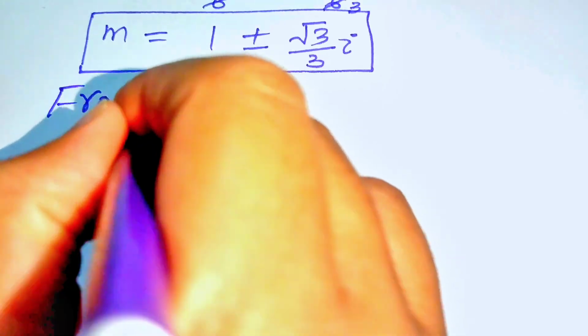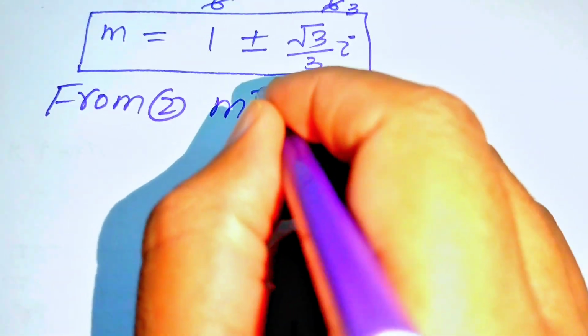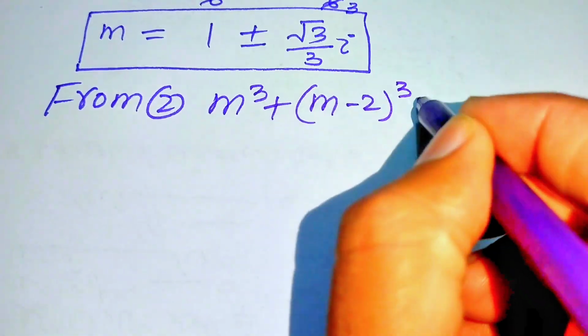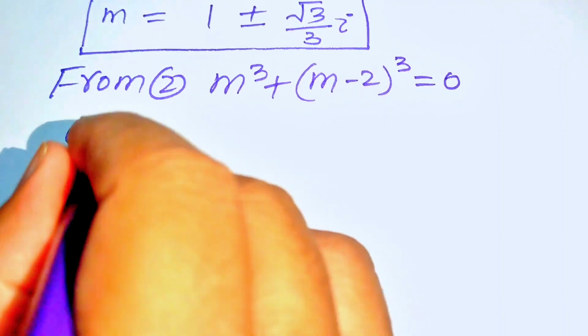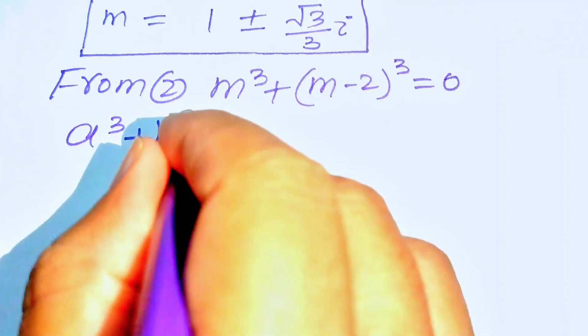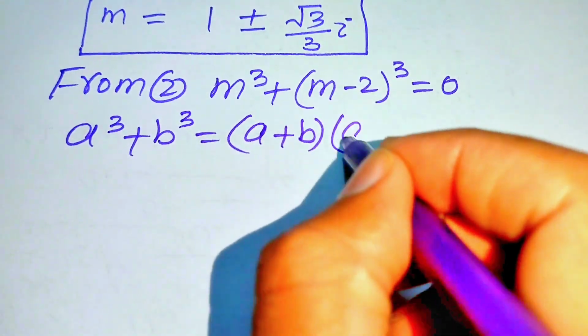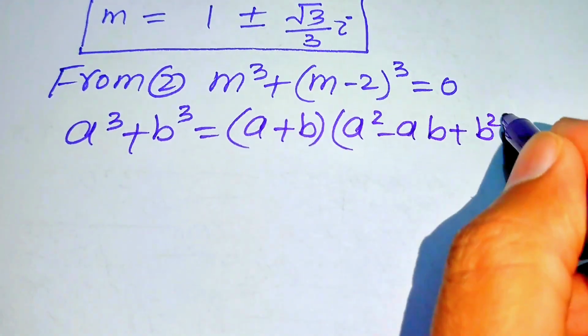So from equation number 2, we write it as m cubed plus (m minus 2) cubed equals 0, and here we need this cubic formula: a cubed plus b cubed equals (a plus b) times (a squared minus ab plus b squared).